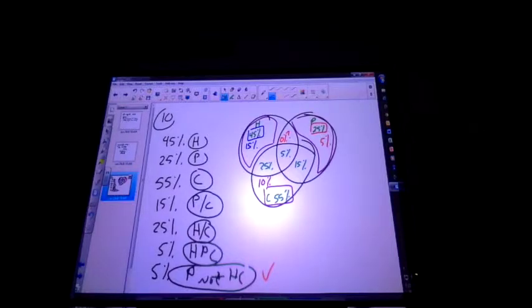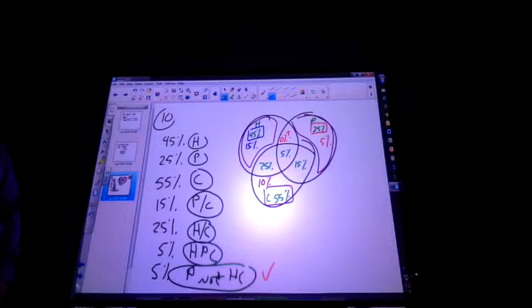And then find the probability a kid does not like either. Any ideas? Doesn't like either. Like any of them. Do you just add them all up?